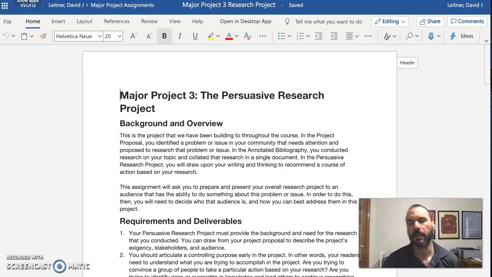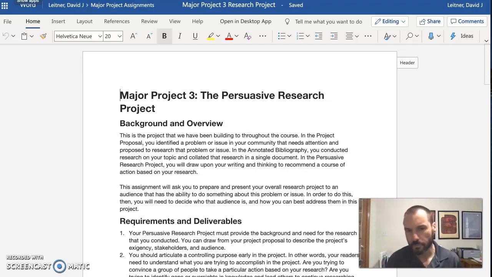So your plan of action does not have to be a solution to the problem. It can be a step towards a solution of the problem. So don't think you need to solve intractable problems that have been around for years and no one has ever solved before. You don't have to do that in a one semester class in a 6 to 7 page paper.